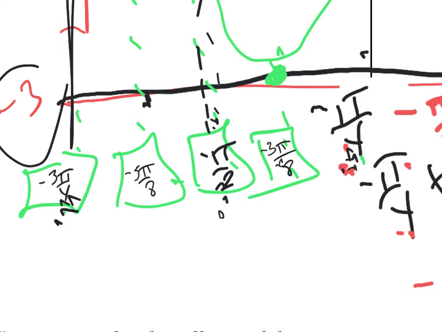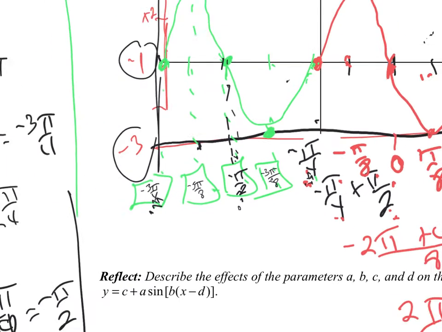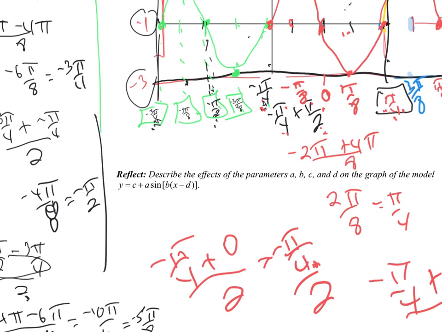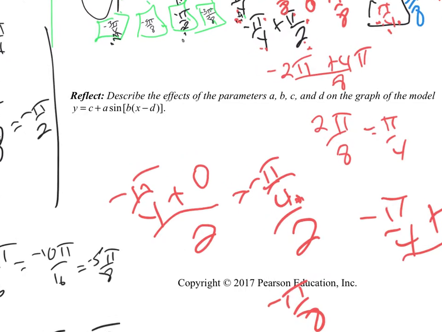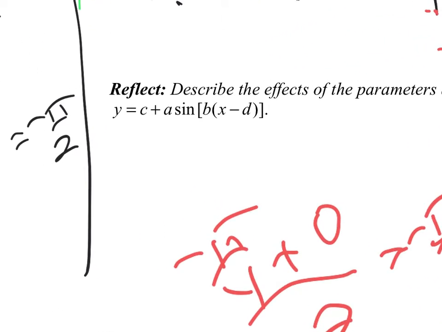All right. Was there another problem on this page? The good reflection: describe the effects of the parameters A, B, C, and D on the graph of the model. All right, using his letters, not my letters, because I already told you I like to use A, B, C, and D. But anyway, we know C is up or down, depending on whether C is less than 0 or greater than 0.